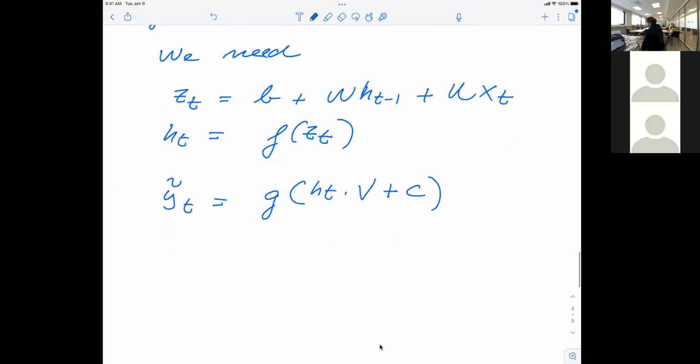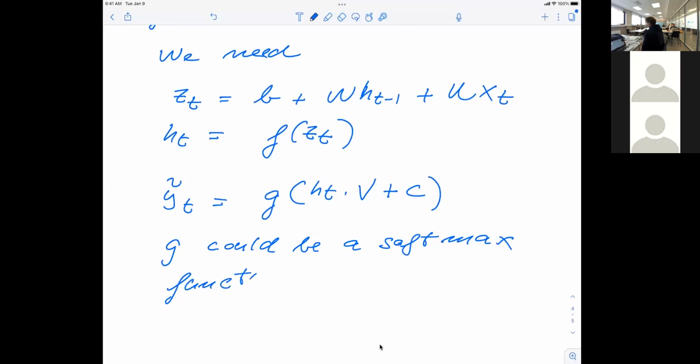If you have a classification problem with many different types of classes, then g could be a softmax function. Just to give you an example here. And so forth. There are many types of functions which you can set up depending on your type of problem. And the same applies also to the hidden layers which you have.